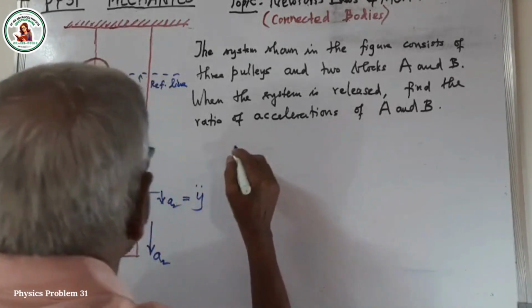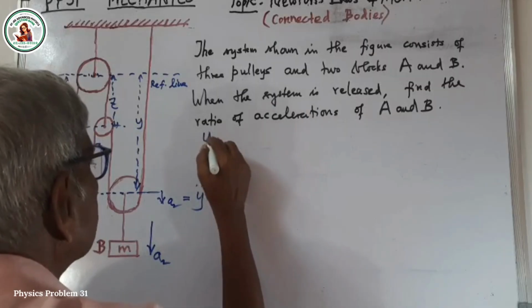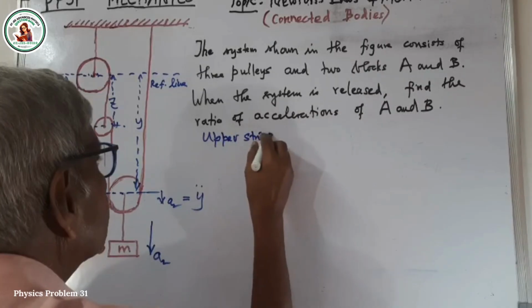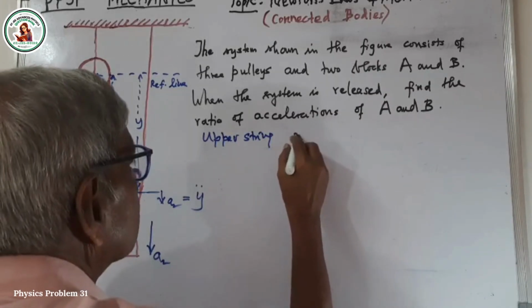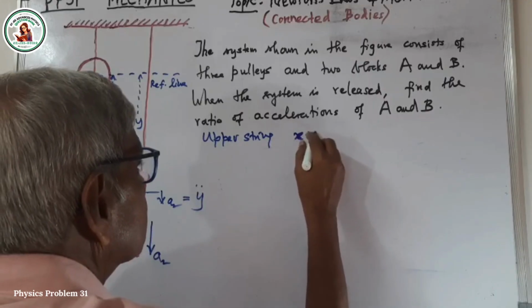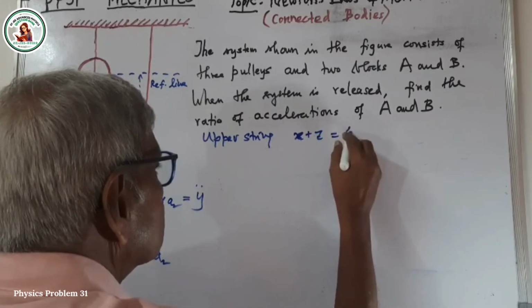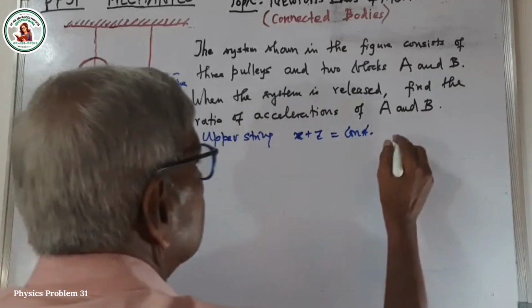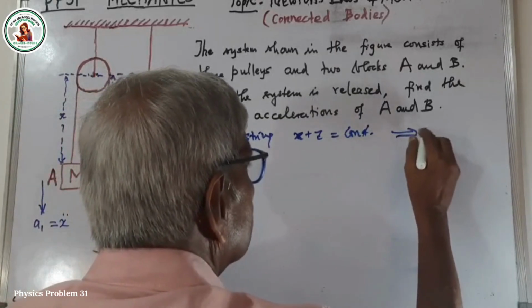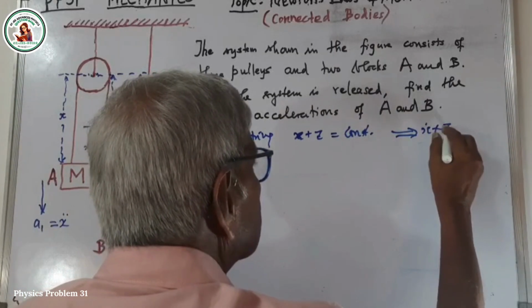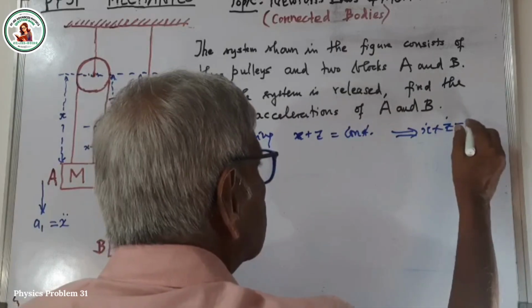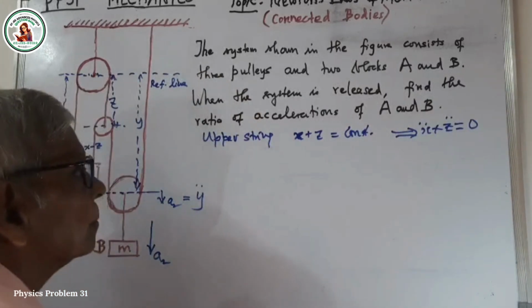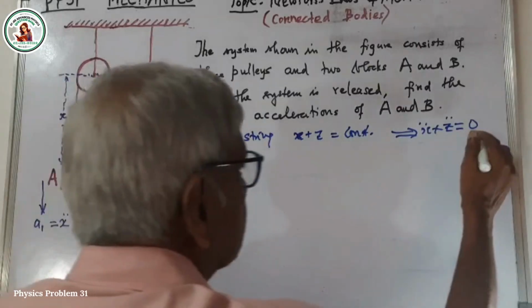We have already seen that the upper string has length x plus z equal to constant. It implies x dot plus z dot equals 0, or with double dots, it will be 0 also. That is our first equation.